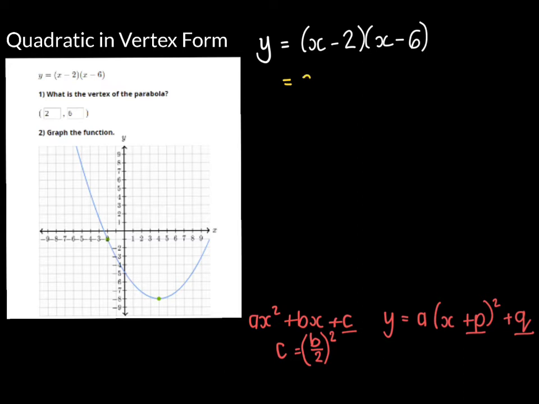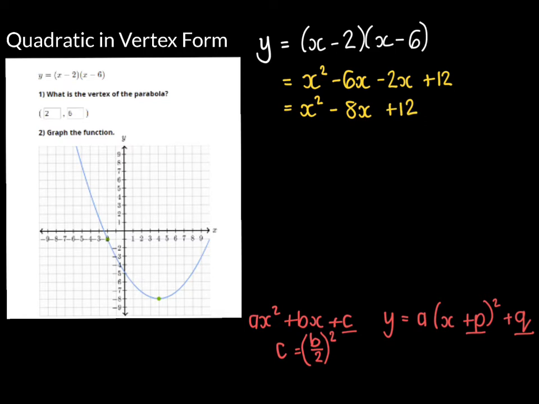We start with first: x multiplied by x is x squared, and then x multiplied by negative 6 will give me negative 6x. Negative 2 multiplied by x is negative 2x, and then negative 2 multiplied by negative 6 is positive 12. So now that's what we've got there. Let's clean it up a little bit, add like terms. We're going to get x squared minus 8x plus 12.